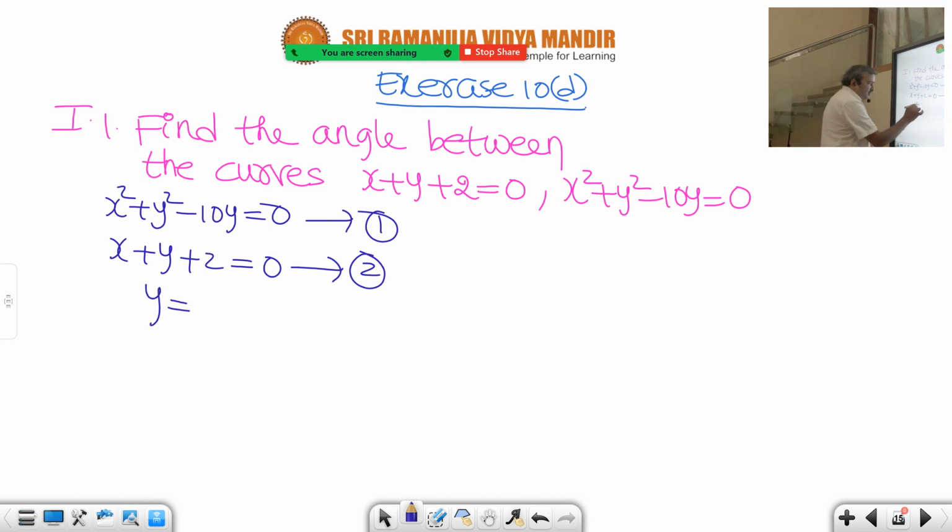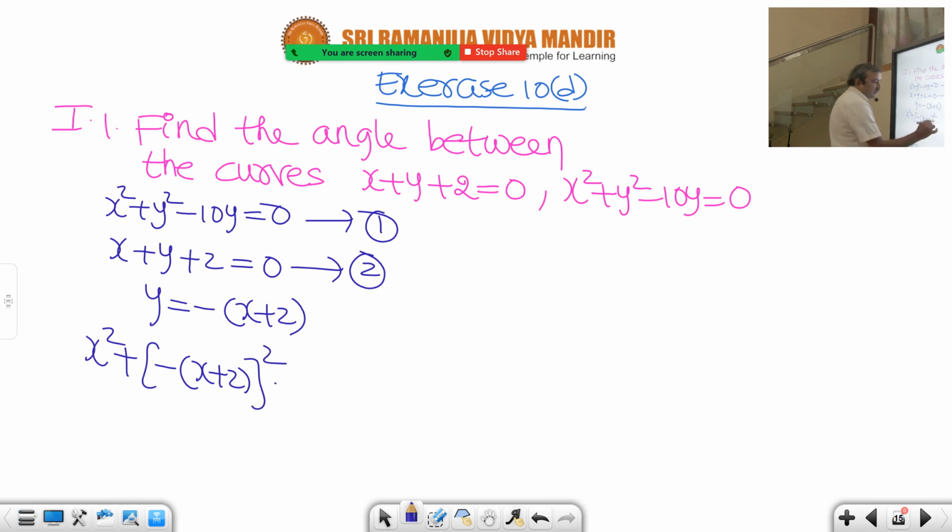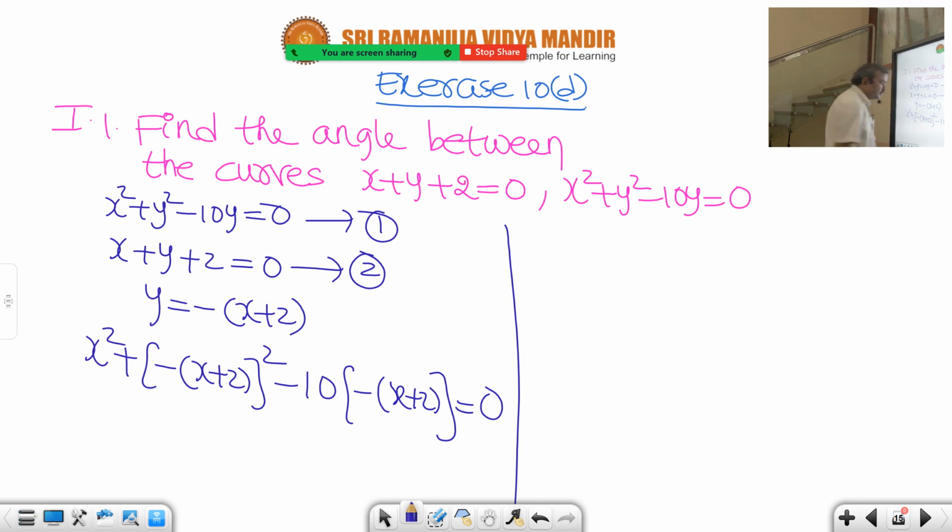So y is equal to minus of x plus 2. In place of y, minus of x plus 2 here. So it is minus of x plus 2 whole square. Next, minus 10 into minus of x plus 2 is equal to 0.